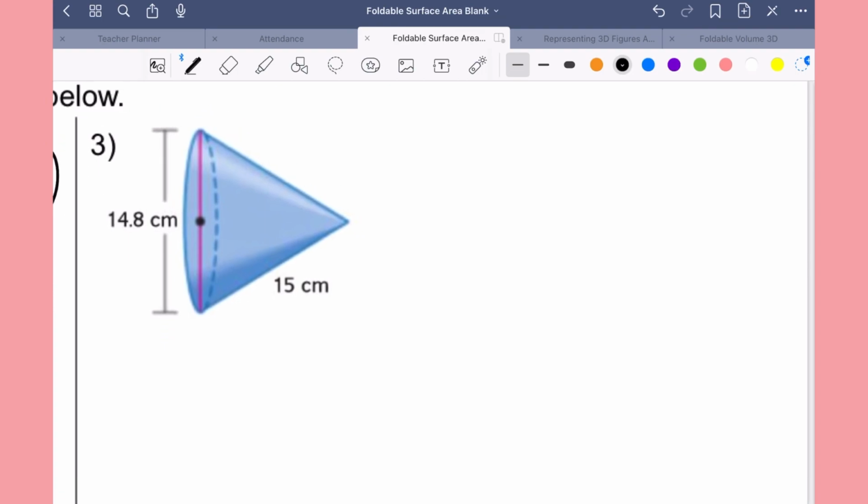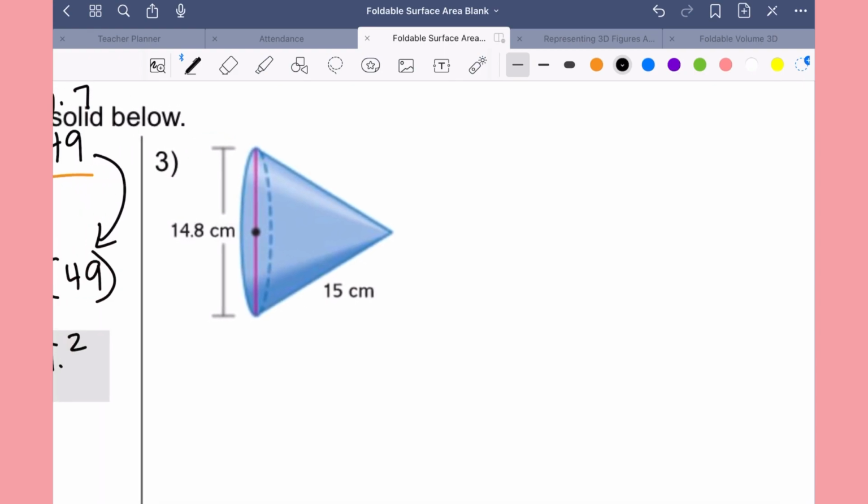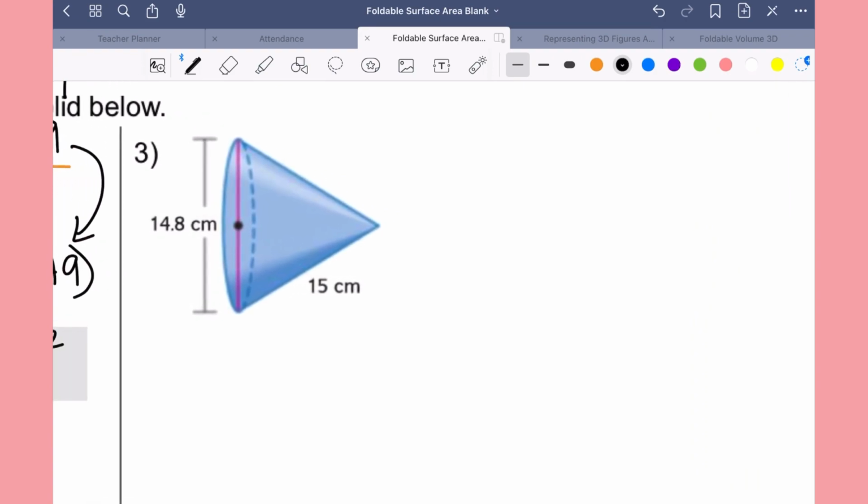Okay, so for a cone, we're going to do the lateral area. This one we can go straight forward. There's no perimeter or big B. We're just going to use the formulas just like they are. So for the cone, we're going to do the lateral area first because we're going to have to plug it in. So let's write the formula. Lateral area equals pi r times the slant height.